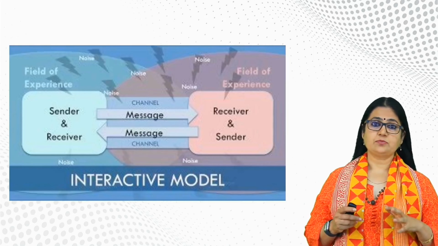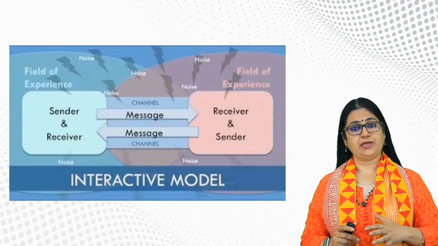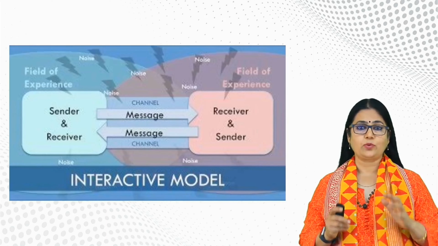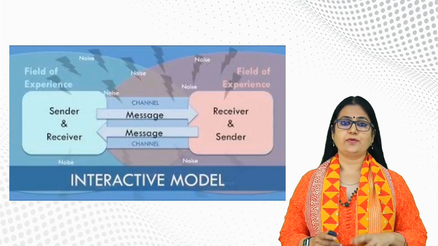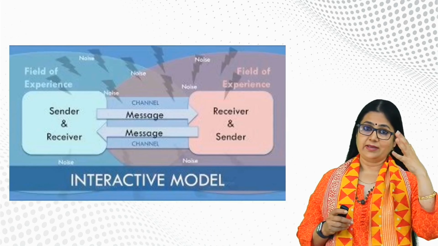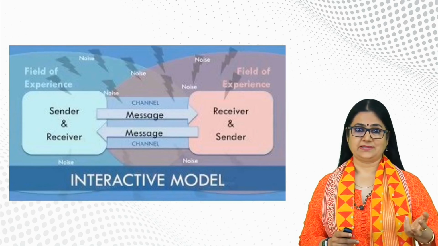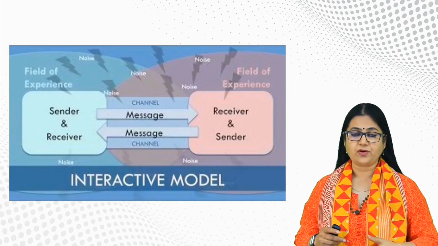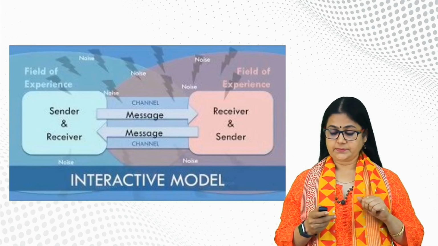So the interaction model incorporates feedback, which recasts communication not as a linear one-way process, but as a more interactive two-way process. So this is the first time through this model we have started accepting communication as a two-way process. And after that, the advanced models have started putting it in a cyclical process.